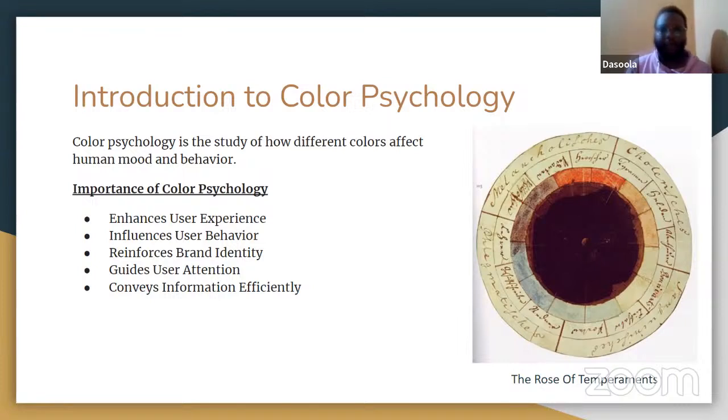The next, we will say it guides user attention. By using the right amount of contrast, the right amount of colors and the right shades everywhere, you can actually guide the eyes of your user into doing specific things, into going through specific flows.